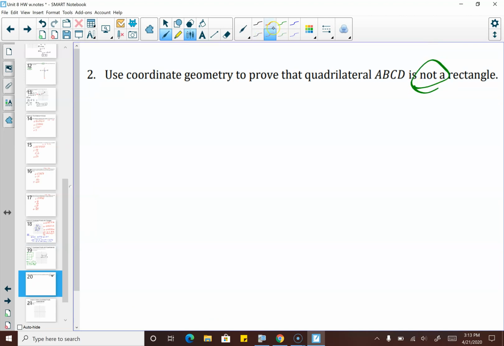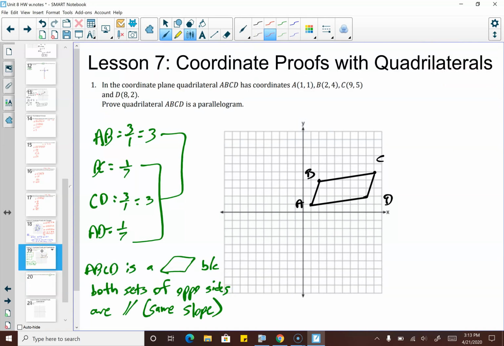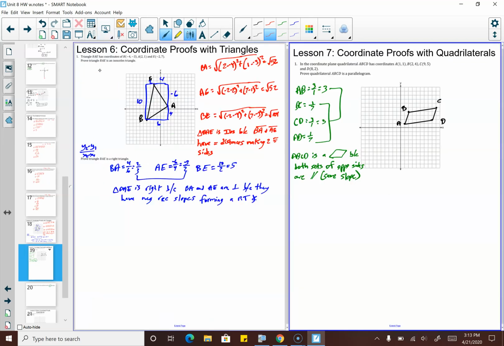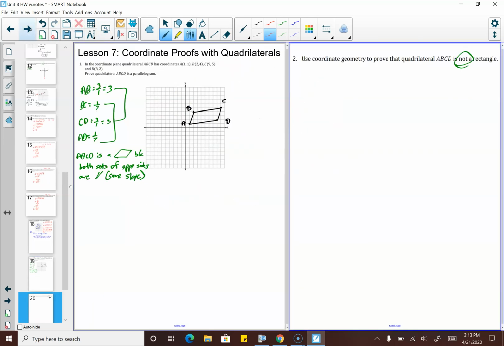not a rectangle. So if you think back to the lesson, what is a rectangle? It is a parallelogram with right angles.